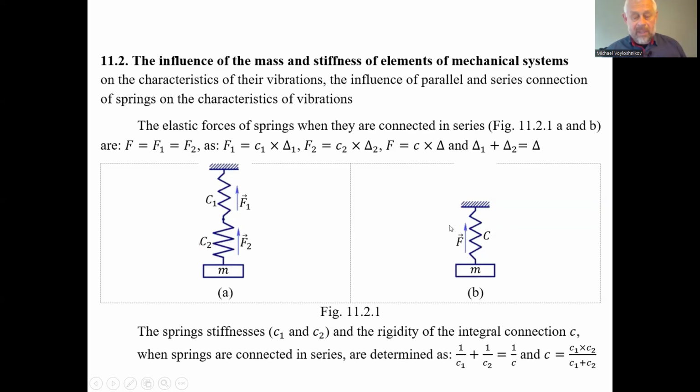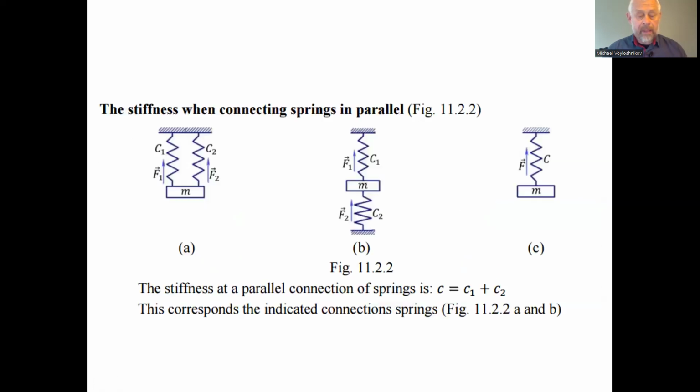This suspension, equivalent to the considered one, has to be softer, because the common stiffness of many springs connected in series reduces accordingly.